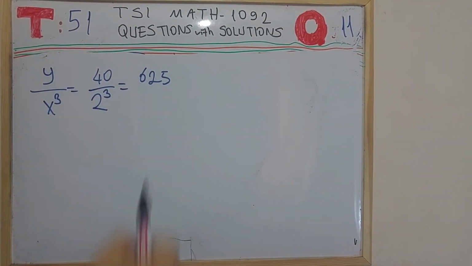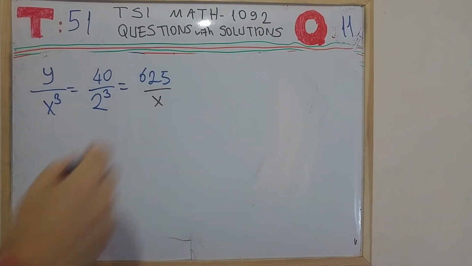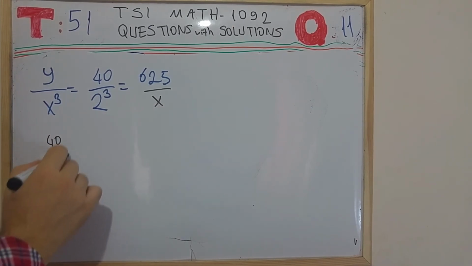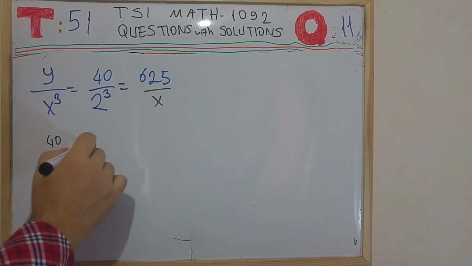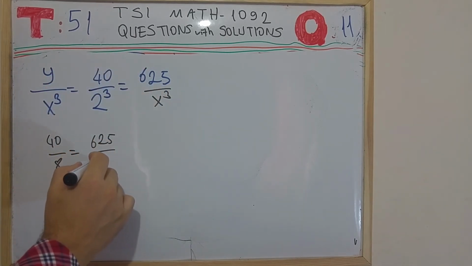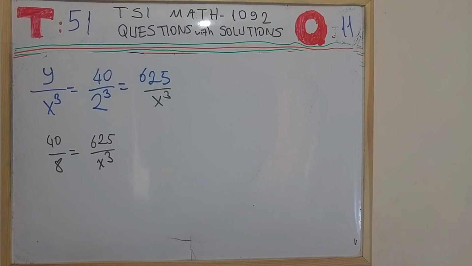There must be an x value here. Let's do it. So 40 over 8 is equal to 625 over x cubed. So 5, as we have here, is equal to 625 over x cubed.